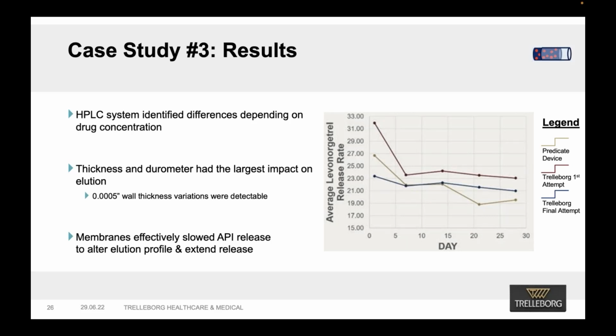But as you can see here, as we continue to work on and design for the systems that we have here in pursuit of that predicate device, our team was successful in driving towards a system that was even more effective than the predicate device, from the standpoint of consistency in the release rate of that drug into the body or into a system.